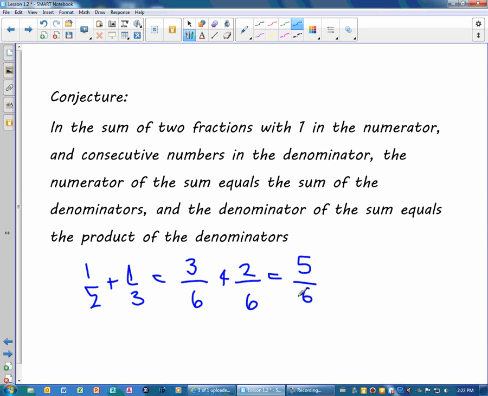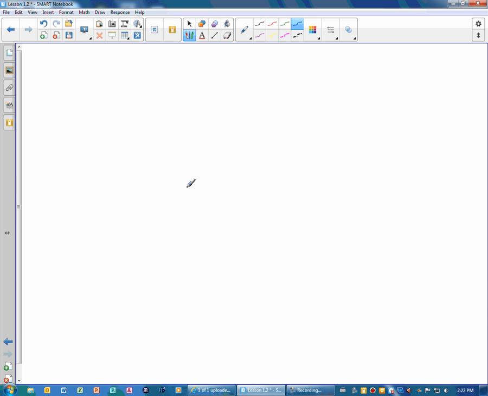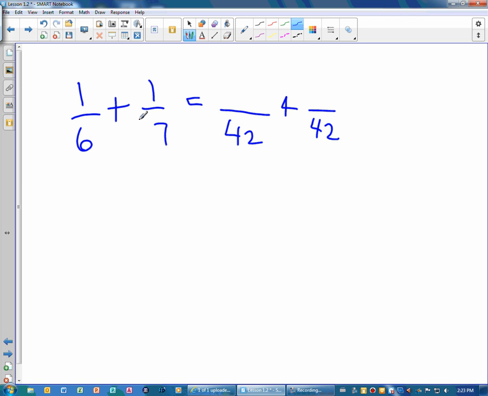All right, let's check one more example to see if I can support my conjecture. So let's pick something not too big. 1/6 and 1/7. Okay, so the numerators are 1, the denominators are consecutive numbers. Common denominator would be 42. We would multiply this by 7, so this becomes 7.